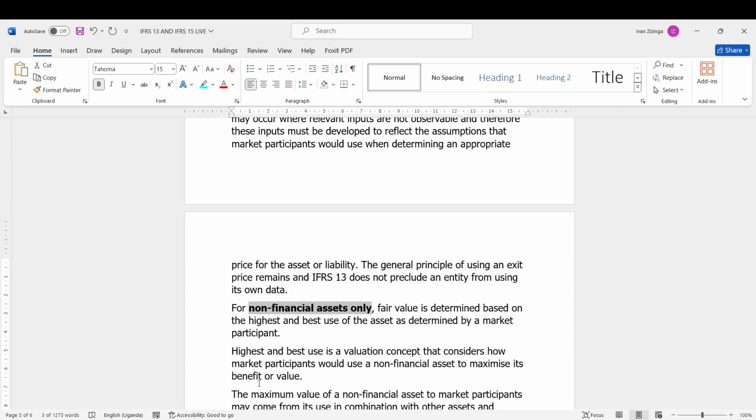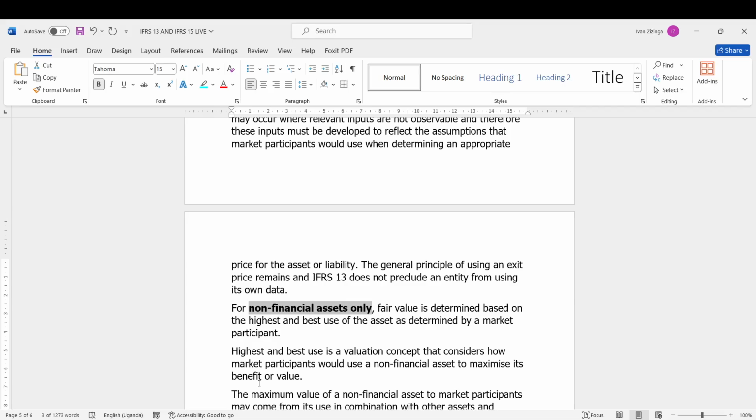We always look at the highest and best use. I explained it when I gave the example of you having your land, other market participants are taking it to be agricultural land, but for you, you want to use it as residential land. Then you want to attach value on that land basing on residential use. That is not appropriate.